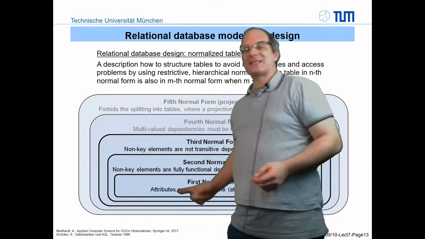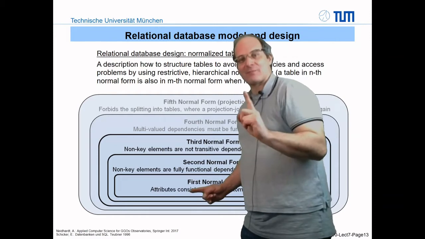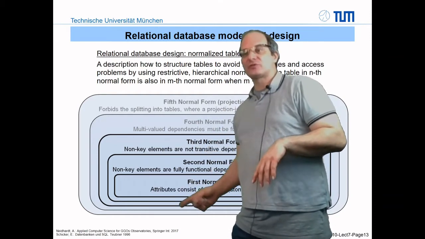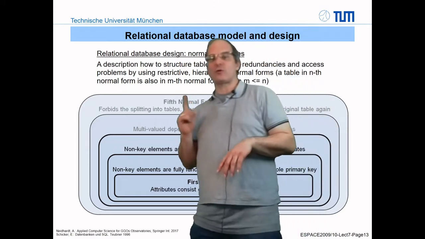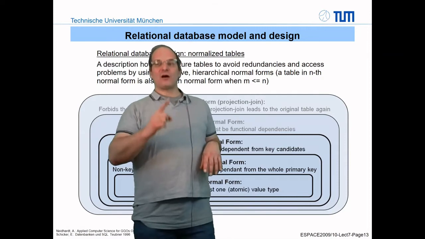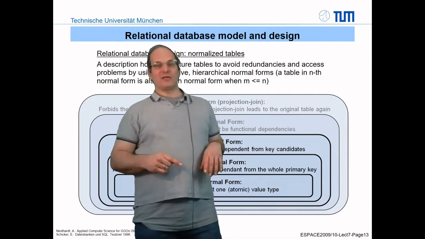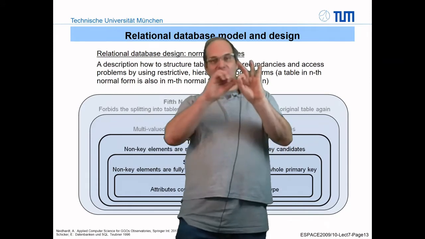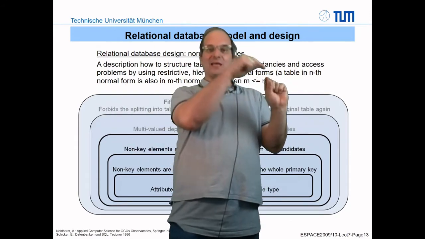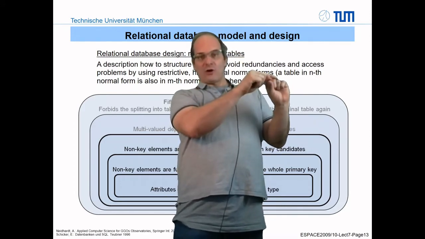The first one is just use one single atomic element in each table element. So attributes consist of just one atomic value. And then non-key elements are fully functionally dependent on the whole primary key. What does it mean? If you have a record, all of these elements in the record should be completely dependent, or functionally dependent, on the key.